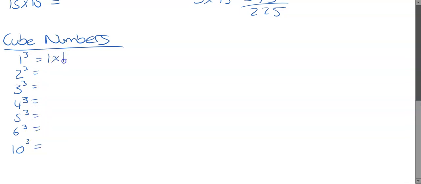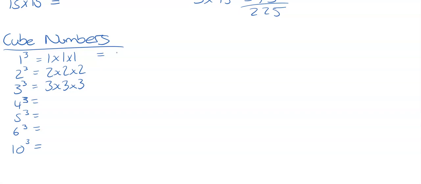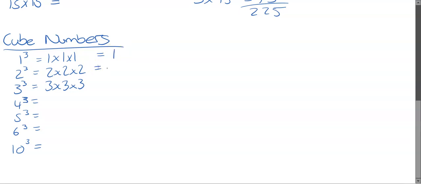It means 1 times 1 times 1, 2 times 2 times 2, 3 times 3 times 3, and so on and so forth. So what's 1 times 1 times 1? Don't say 3. Think about it. It's 1. 2 times 2 times 2? Well, we know that 2 times 2 is 4.